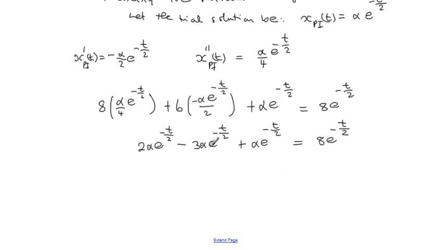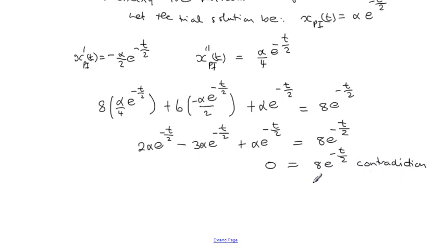When you simplify the left hand side, it gives us 0 equals 8 e to the power minus t over 2. And we all know that the exponential function is never equal to 0. So what we get here is simply a contradiction.